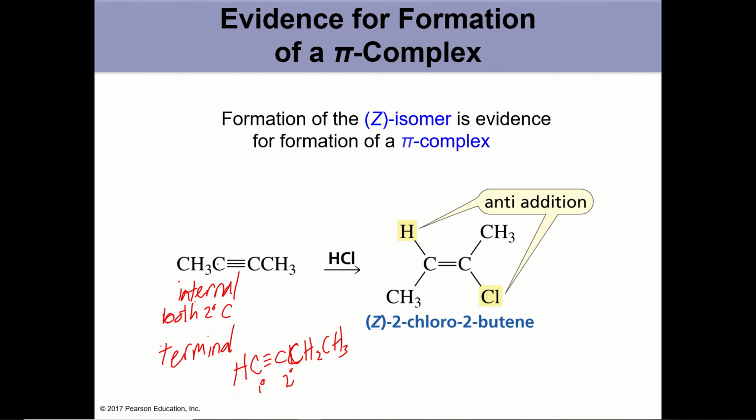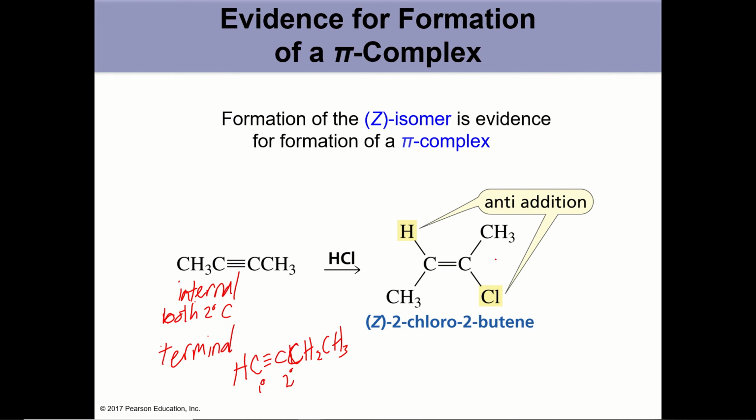So for an internal alkyne, both of the carbons are going to be secondary. And so what's going to occur is that we could get multiple products if the alkyne is not symmetric, for one thing. But also, we have a rule, and this would be one of your key points for this reaction. The hydrogen that adds to a vinyl carbon and the chlorine that adds to a vinyl carbon must add by anti-addition, so that the H and the Cl are on opposite sides of the pi bond.